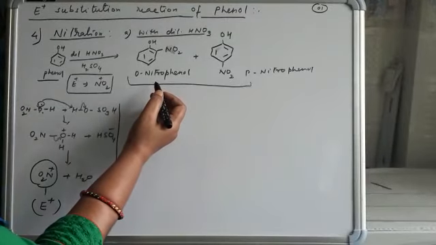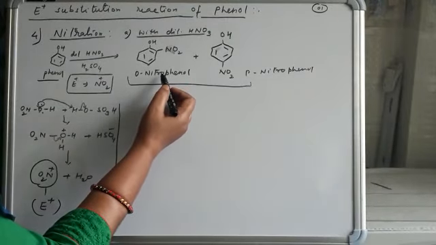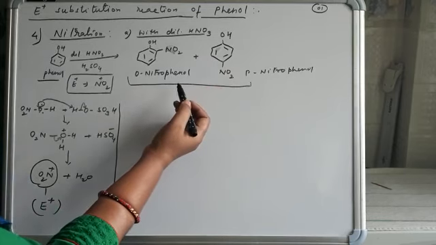How can we separate ortho-nitrophenol from para-nitrophenol?